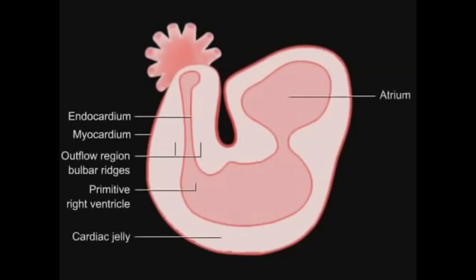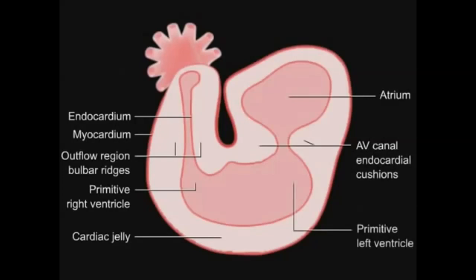So let's again try to understand all the designations. If this is the atrium and this is the ventricle, between them appears a narrowing part, named the atrioventricular canal, a very narrow atrioventricular canal.